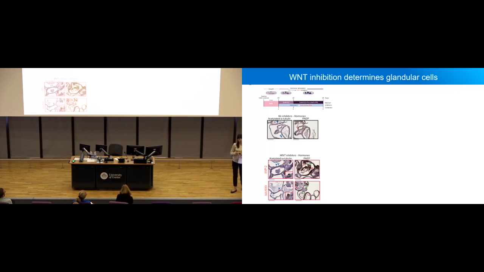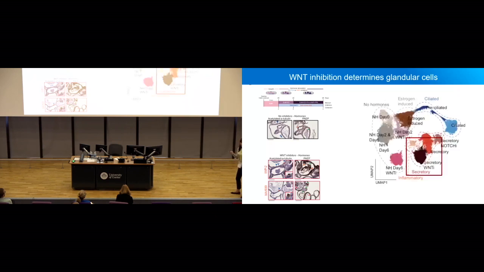Of course, to this point, we didn't know if the secretion was because we have cells that are better at producing things, or it was just that we have more cells producing things. So that's where we applied single-cell transcriptomics, and basically we could see that now we have more secretory cells.